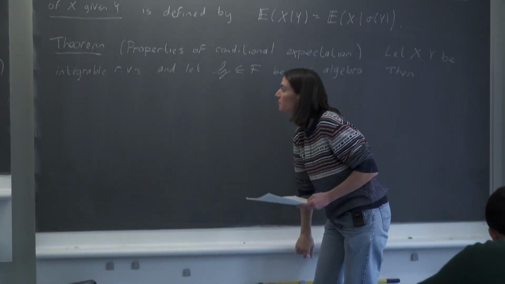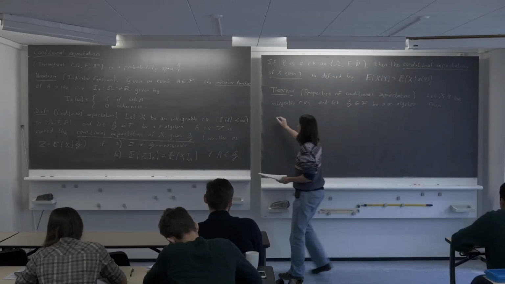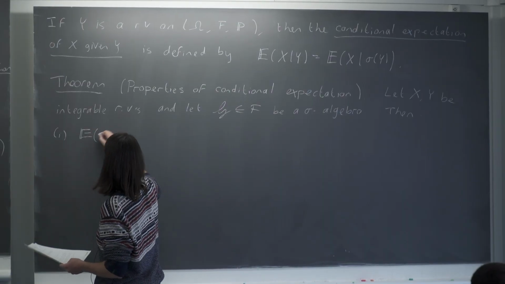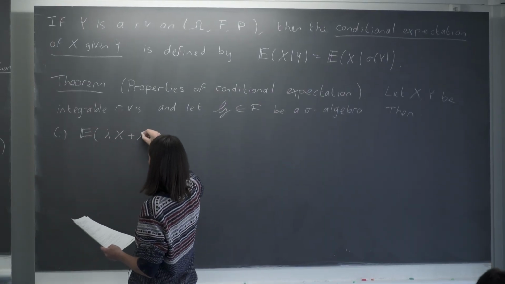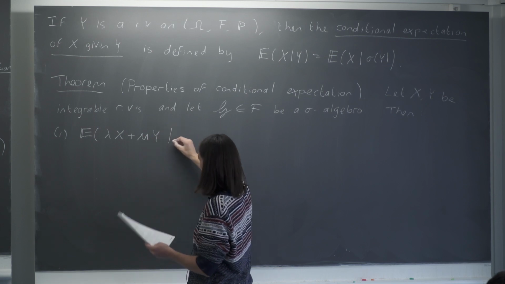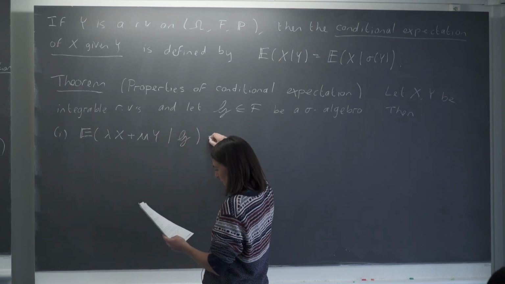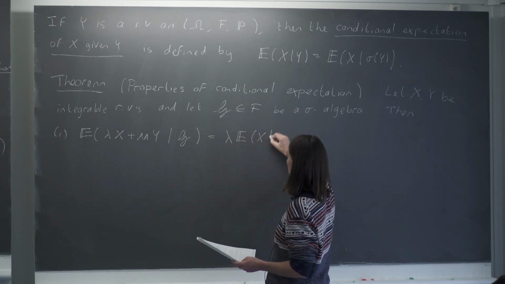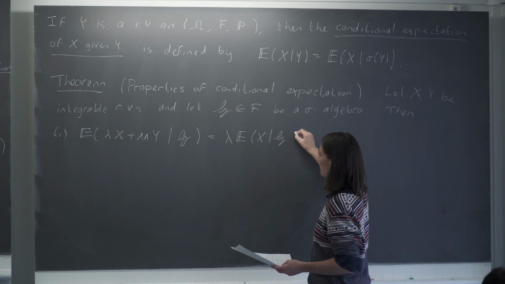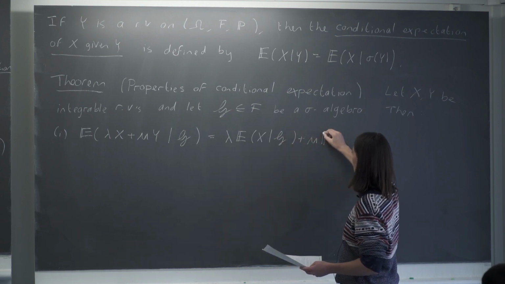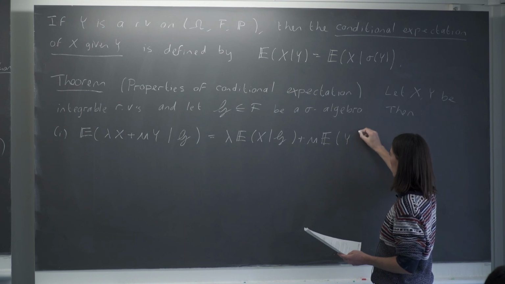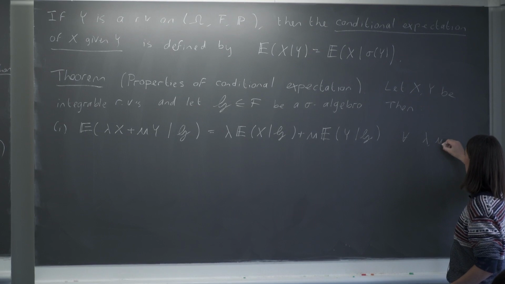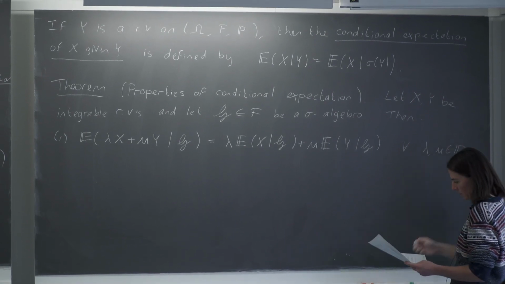First property is that the conditional expectation of lambda X plus mu Y conditioned on our sigma algebra G is equal to lambda times the expected value of X conditioned on G plus mu times the conditional expectation of Y conditioned on G, and that holds for all lambda and mu in the reals.